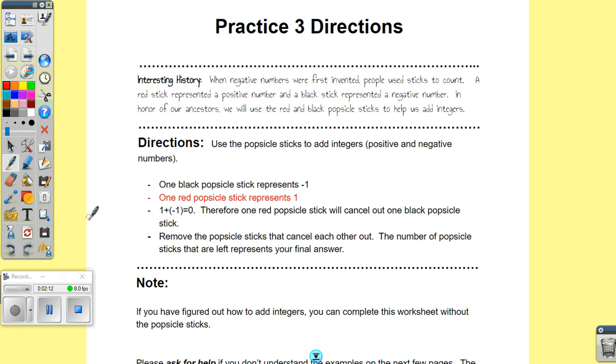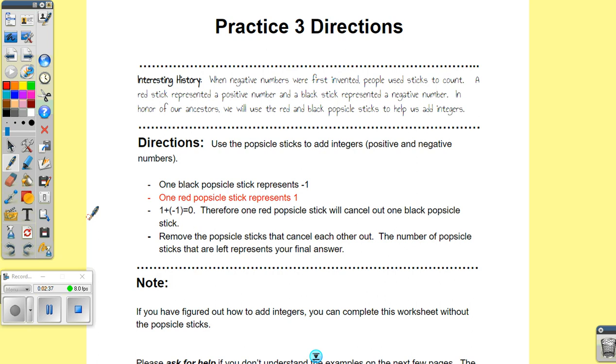We don't need these sticks to help us count. It was really just something that was very primitive when it first came out and people were still trying to figure out the relationships between positive and negative numbers. So hopefully, with enough practice, we'll have a good understanding and we'll eventually be able to use these sticks to add integers on our own.